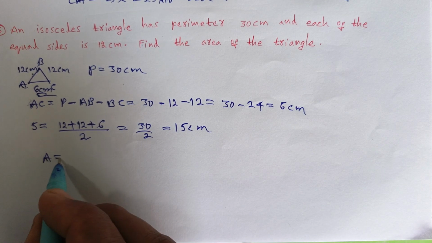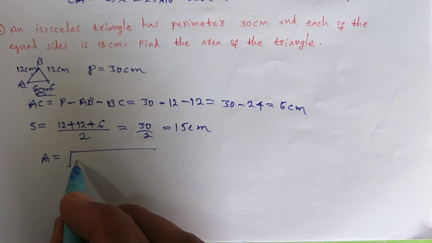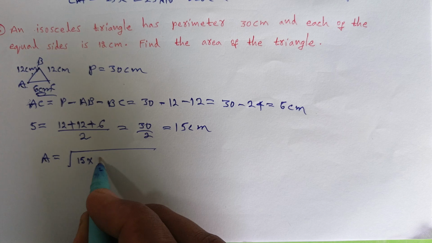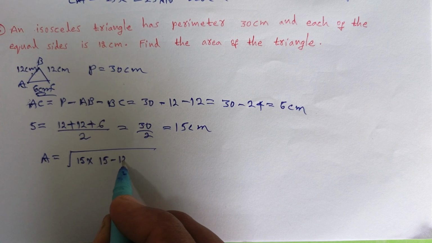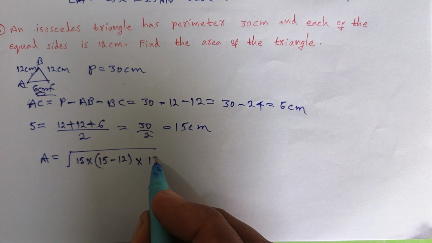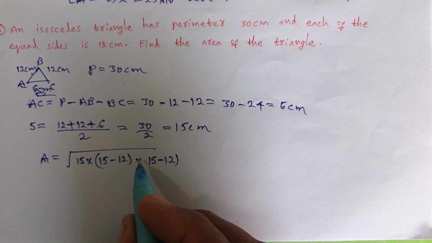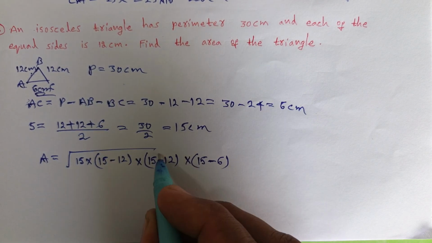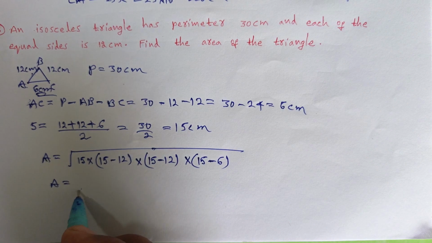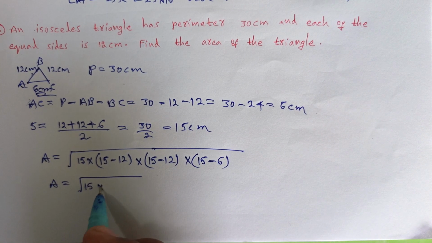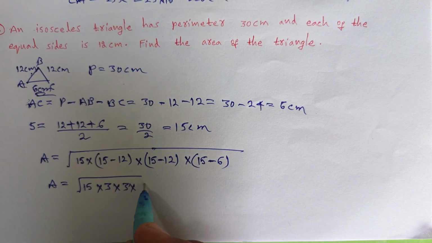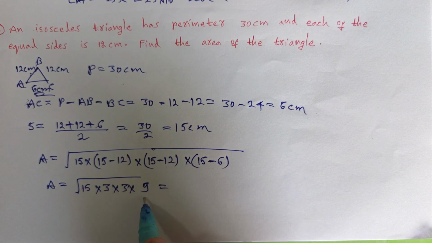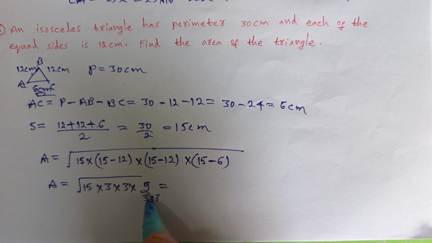So area equal to under root of S into S minus A into S minus B into S minus C, here S value is 15. 15 minus 12 into 15 minus 12, because two sides are same, and for the third side 15 minus 6. So that is A equal to under root of 15 into 3 into 3 into 9. In other words, 9 you can write like 3 into 3.